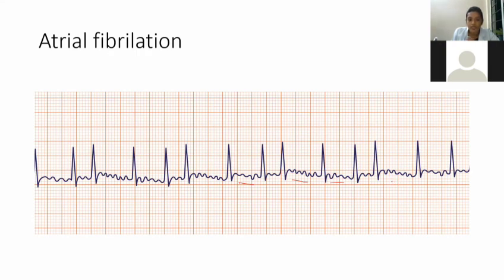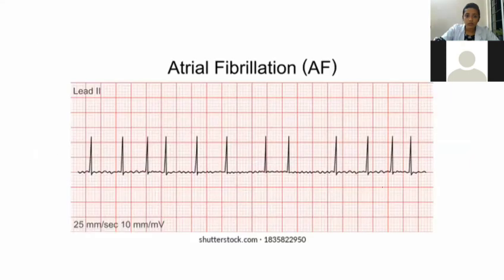You can see here. This is an ECG showing atrial fibrillation again. You can see the fibrillatory waves here, and the absence of P wave is present in atrial fibrillation.